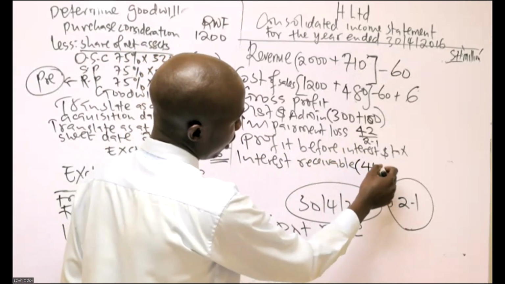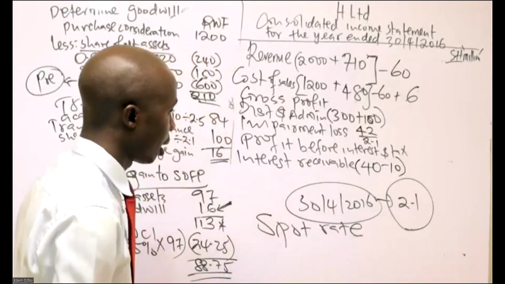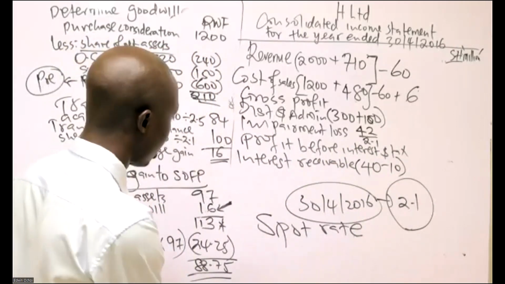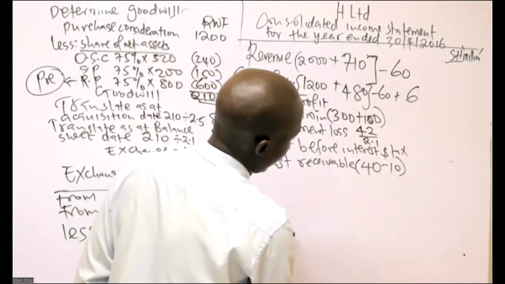So if we are paying 10, we are receiving 40. We just net and have a receivable of 30.